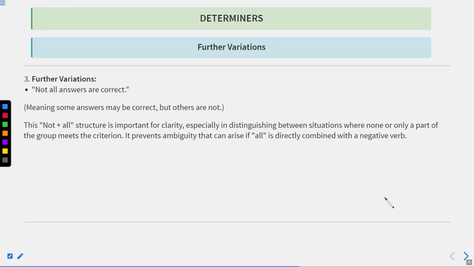Now, for variations: not all answers are correct, meaning some answers may be correct, but others are not. This "not plus all" structure is important for clarity, especially in distinguishing between situations where none or only a part of the group meets the criterion. It prevents ambiguity that can arise if "all" is directly combined with a negative verb.